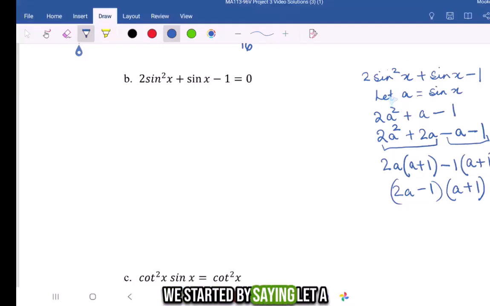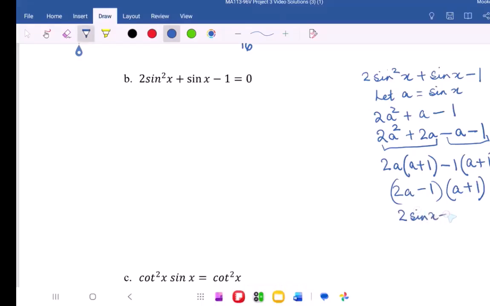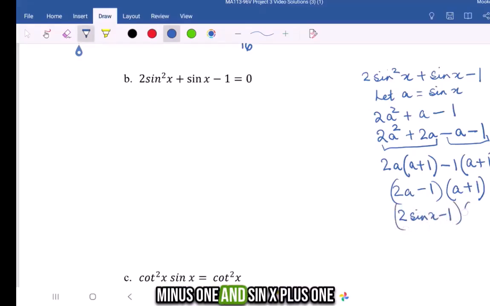We started by saying let a equal sine x. Please replace a by sine x, because this was just a temporary step to replace sine x by a to make the factoring process easier. That's all. So I'm going to write this as 2 times sine x minus 1 and sine x plus 1 as the two factors we got after completing the factoring process.